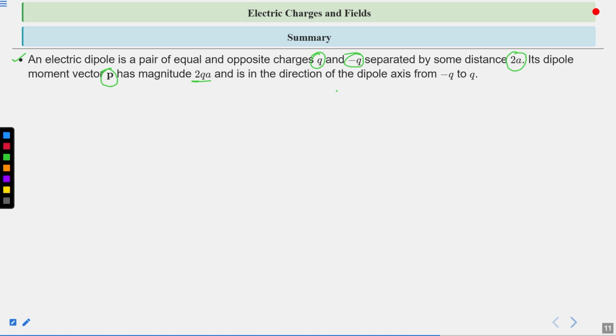So suppose we have charges q and minus q, and the separation is 2a. We call it a dipole, and the dipole moment is this one, and the direction of the dipole moment is from negative q to positive q.